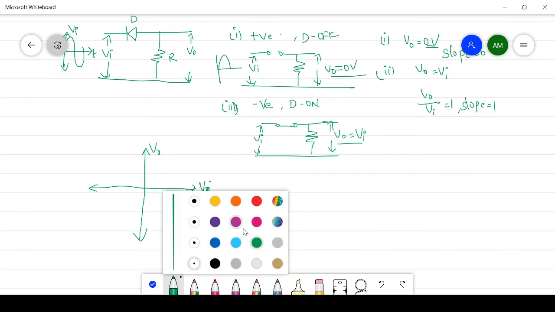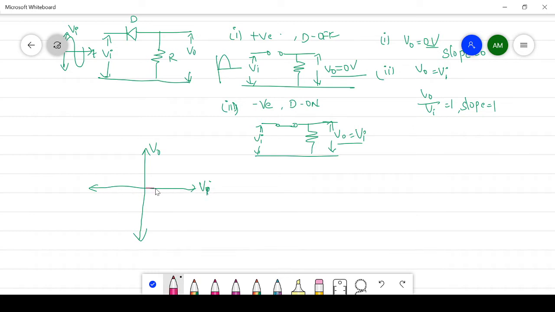Next, when we apply the negative half cycle, the diode is on and the slope is 1. In the slope 0 portion, it is not conducting, so it is the clipped portion.